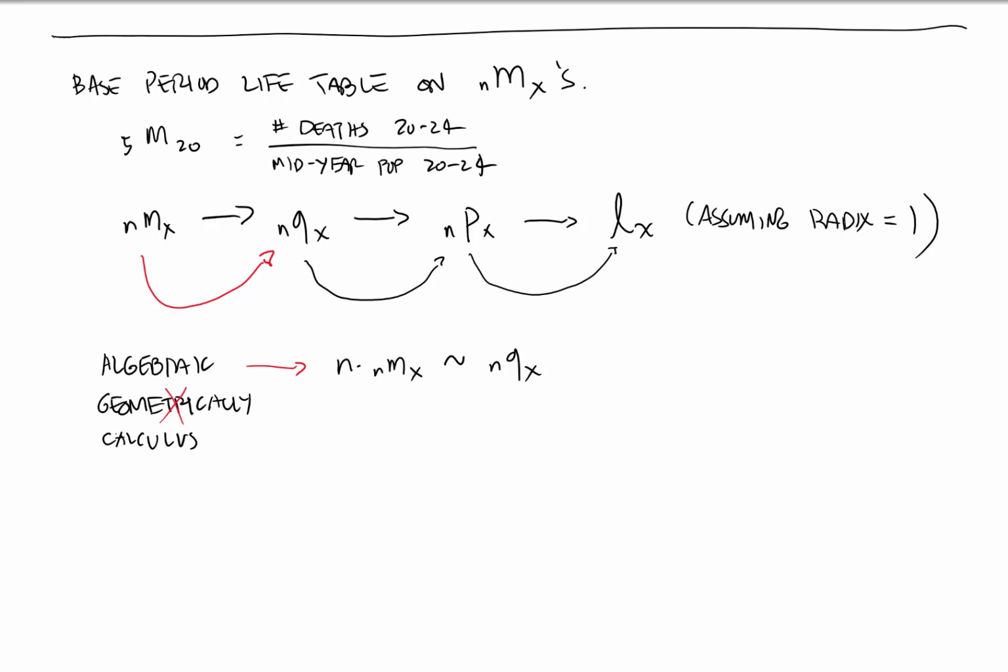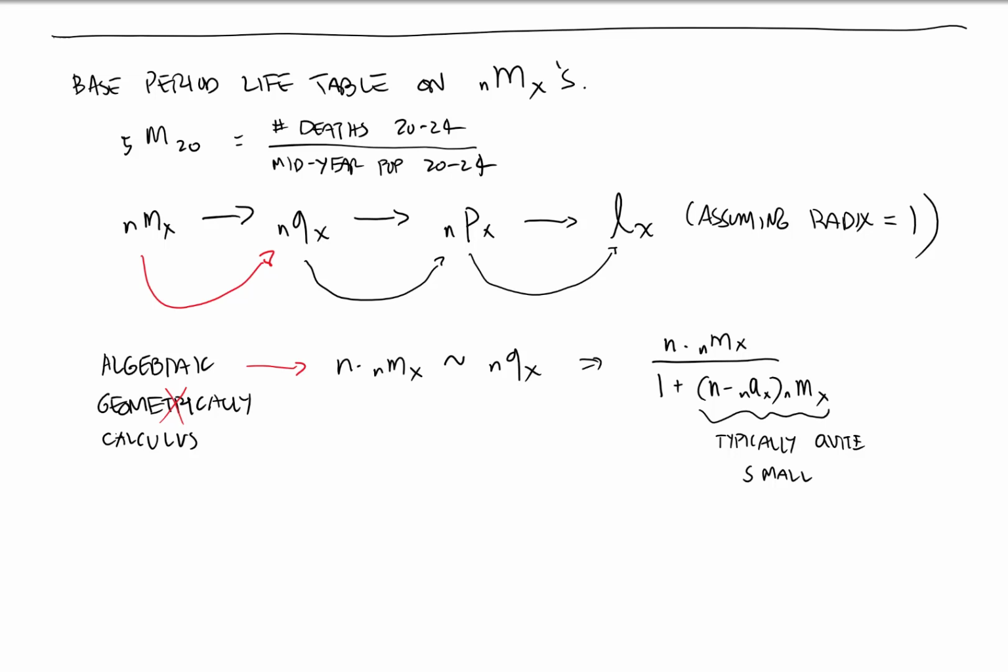I'll write it down. It is actually n times nMx divided by 1 plus (n minus nax) times nMx. And it turns out that this thing is typically quite small.